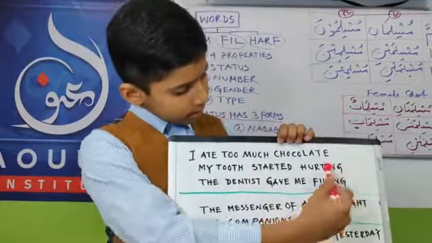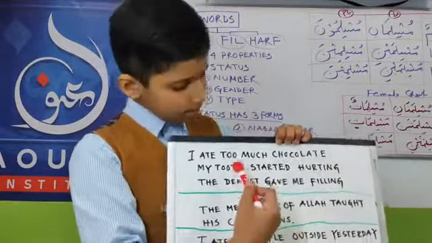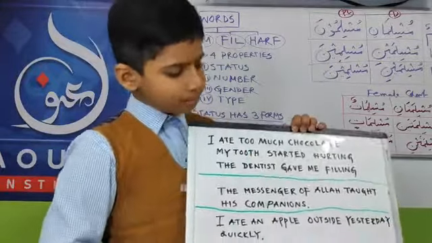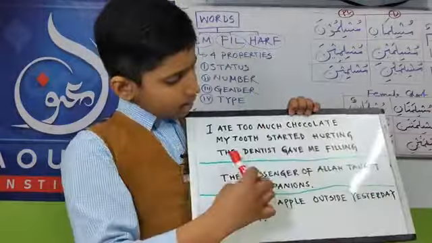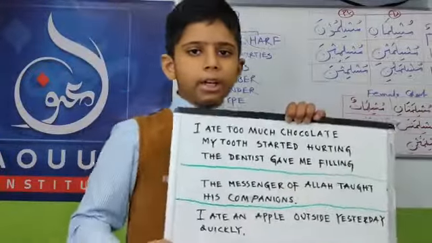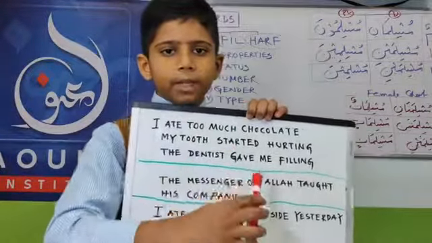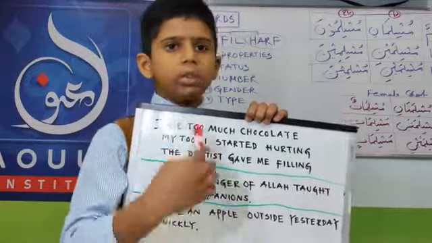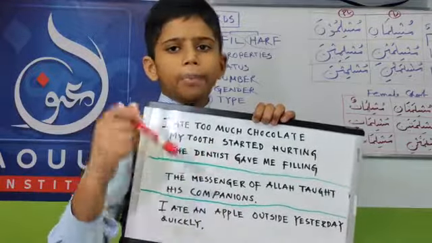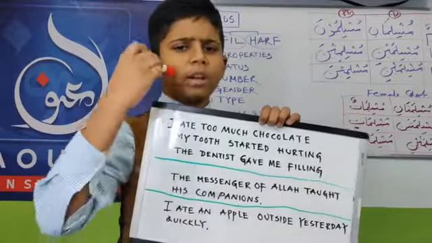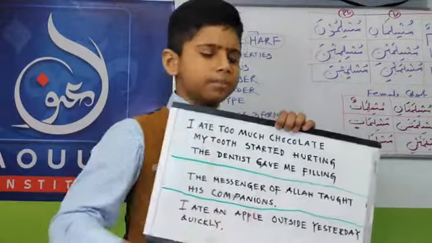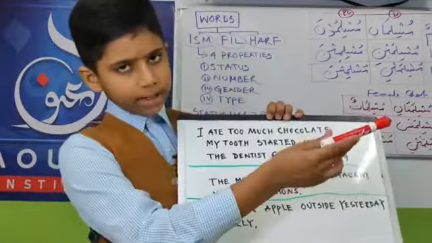So started hurting is a nasab, and tooth is the doer. Then we have the dentist gave me a filling. The dentist is the doer of the act, giving me the filling or the root canal, and I'm the one just sitting and crying with lots of hurt in my teeth. So this example is done.